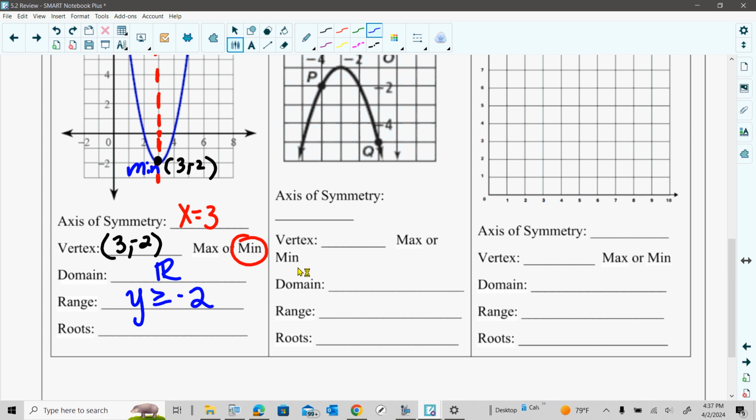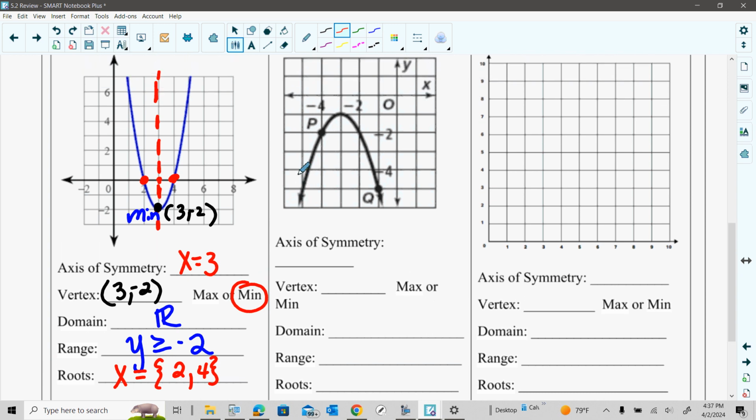And our roots are where the graph, the parabola, touches the x-axis. So it touches here and here. So the roots are x equals, I'm going to do a little bracket, 2, 4. Okay. So you will need to basically understand those parts to complete this problem, this graph, okay?